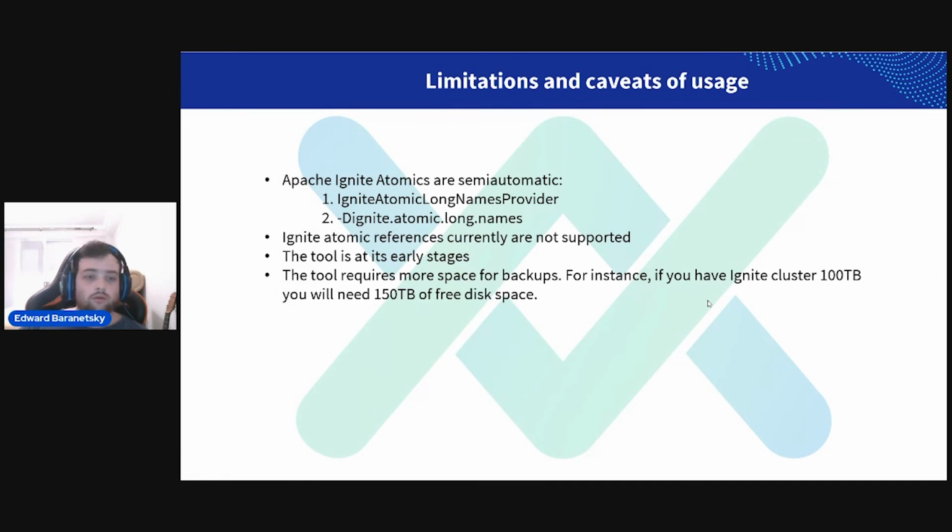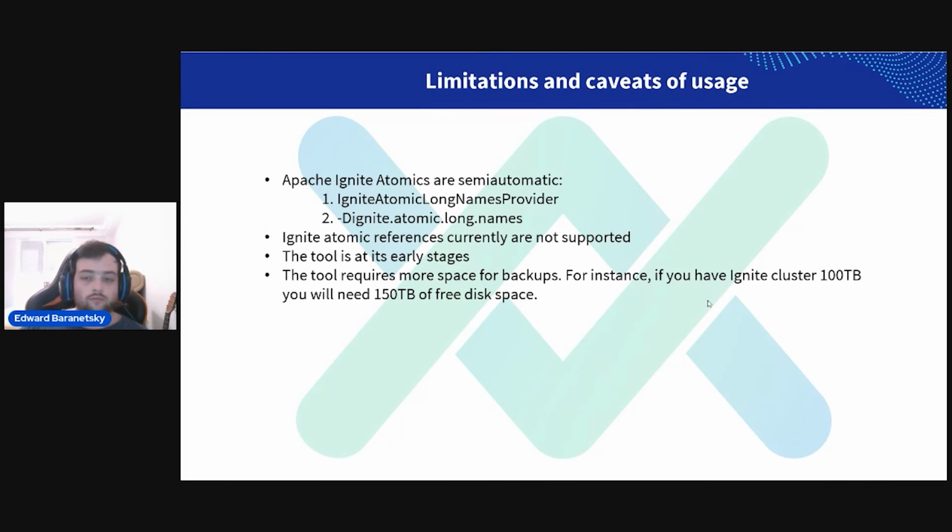The tool is at its early stages, and this means that its API is not stable. We can change the patch tools API, and we have plans regarding this. We want to improve it. We want to add patch versions and apply them automatically. The tool requires more space for backups.